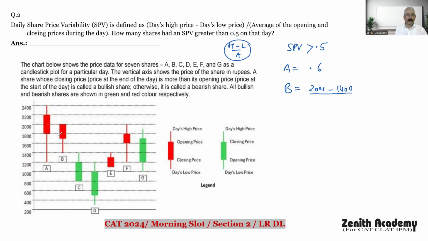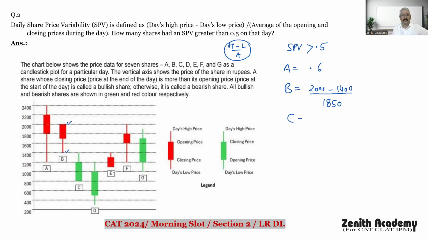Opening and closing are 2000 and 1700, so the average is 1850.